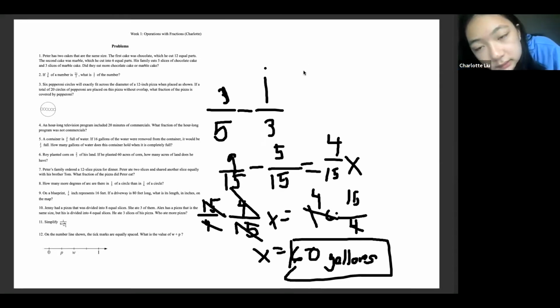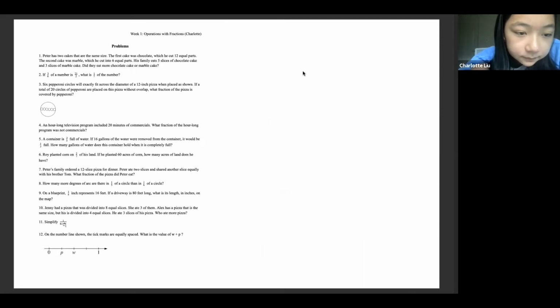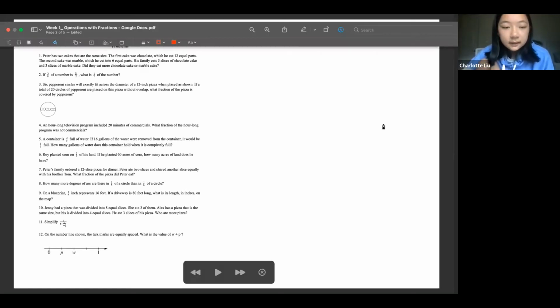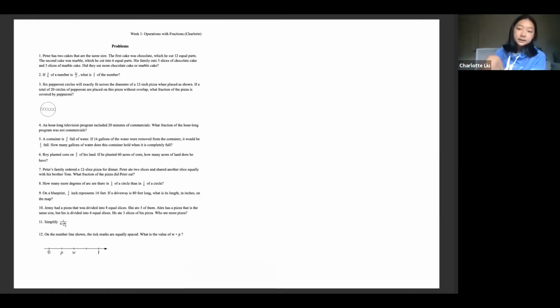Okay, I'll clear this now. So the next one, Roy planted corn on 2/7 of his land. If he planted 60 acres of corn, how many acres of land does he have?